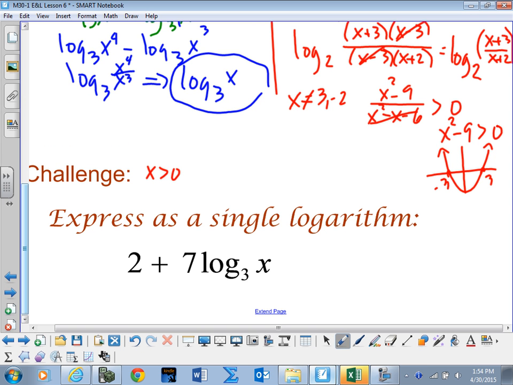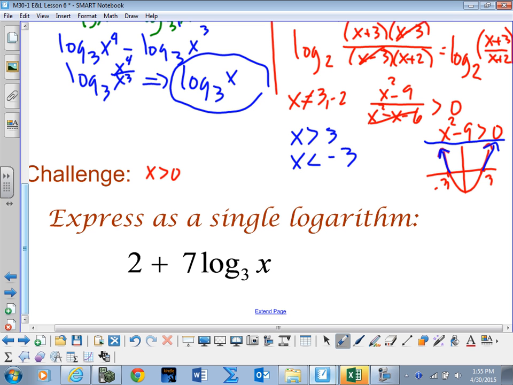So where is this possible? We need this to be greater than 0. So it's greater than 0 on this side and this side. So there's two parts where this will work. And the two parts are greater than, not equal to, 3, and less than negative 3.